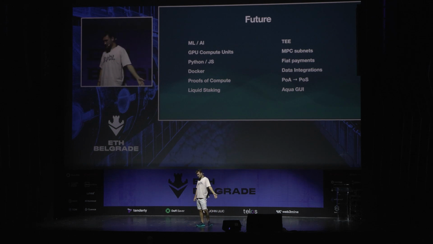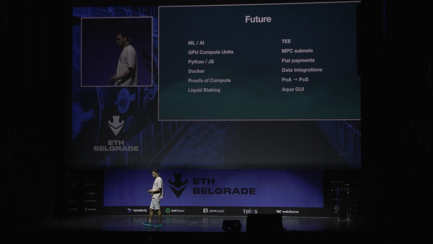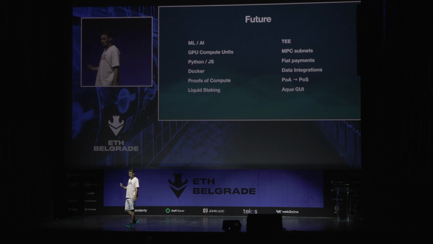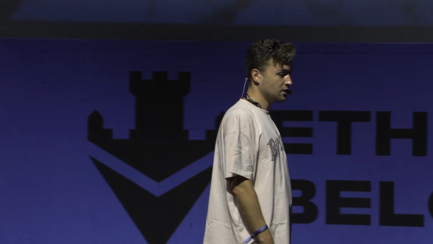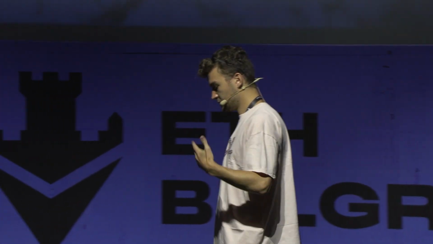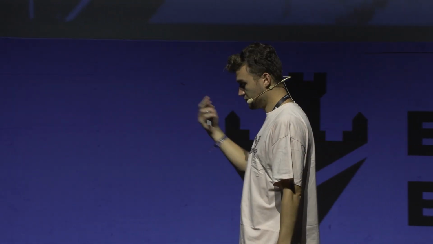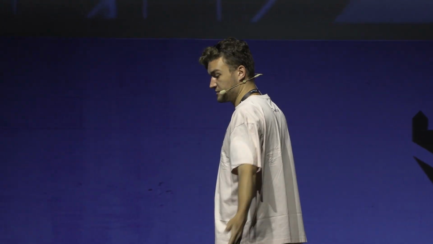It seems it makes sense to integrate fiat payments, so people can pay for the hardware for their workloads with credit cards, and it would make it easier to onboard more and more people. We're looking into more and more data integrations, not just IPFS, not just Ceramic, not just Filecoin, but more and more some S3, some Web2 databases. There's just really many possibilities for that.